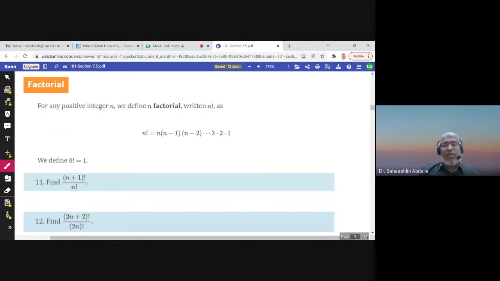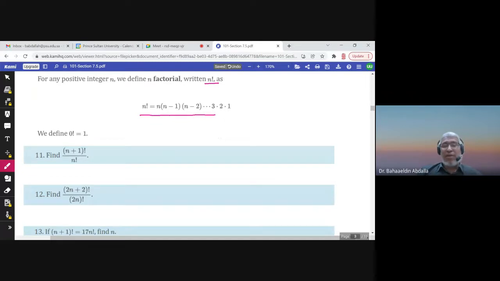Now, let us talk about this symbol n factorial. This is called n factorial. Okay. What is the definition of n factorial? It is n times n minus 1 times n minus 2 times n minus 3 times n minus 4 until you reach 3, 2, 1.